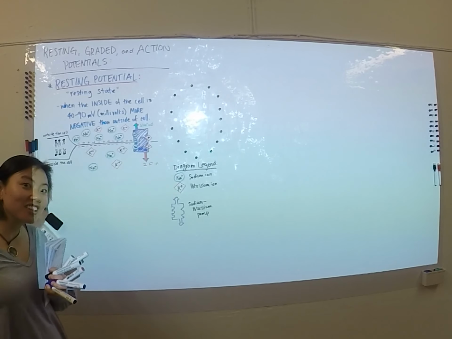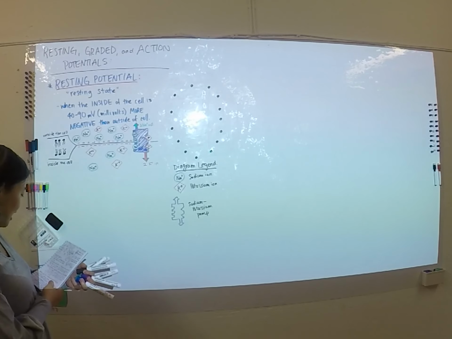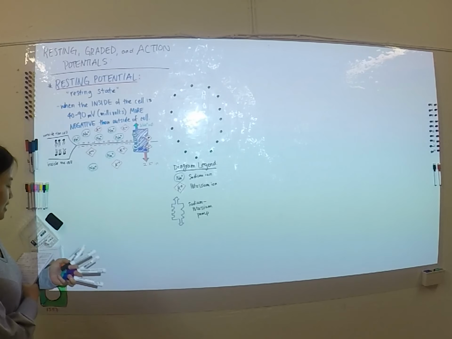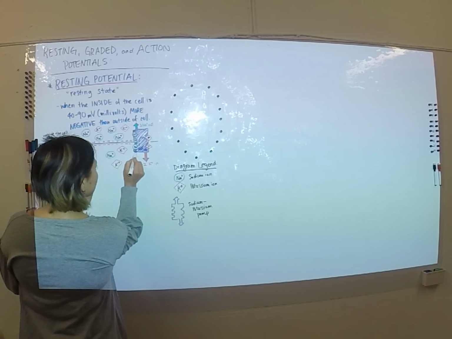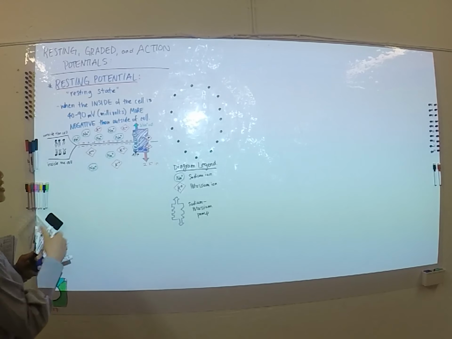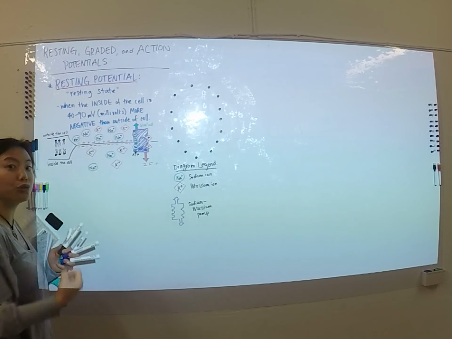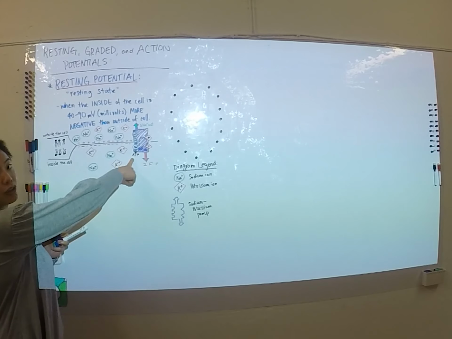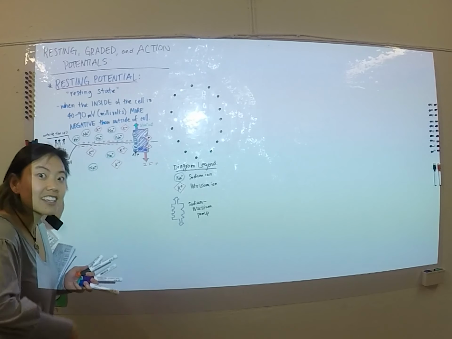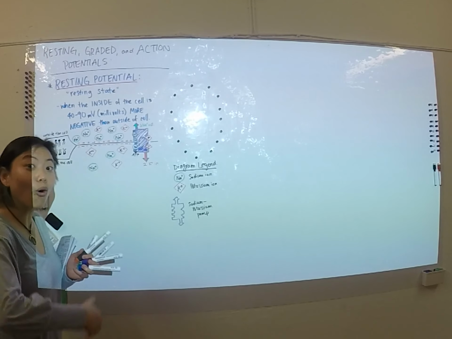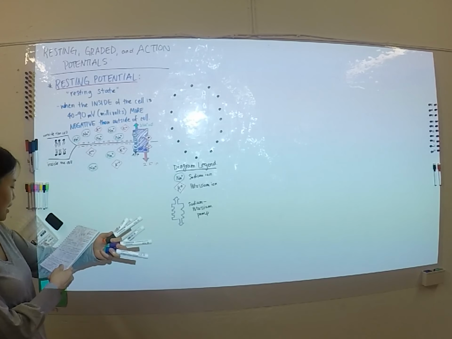It's moving these ions in and out and in and out, okay? And let's not forget our one molecule of ATP, okay? So every time it pushes 3 out and 2 in, it needs 1 molecule of energy, okay? So if it's doing this over and over again, it's using up energy this whole time, all right?